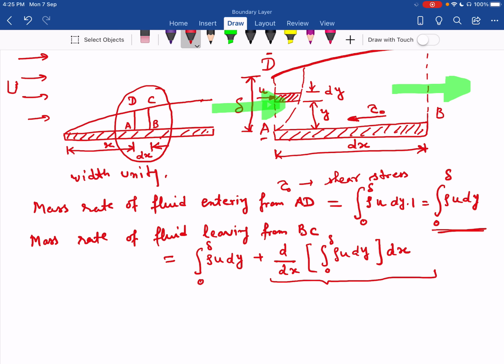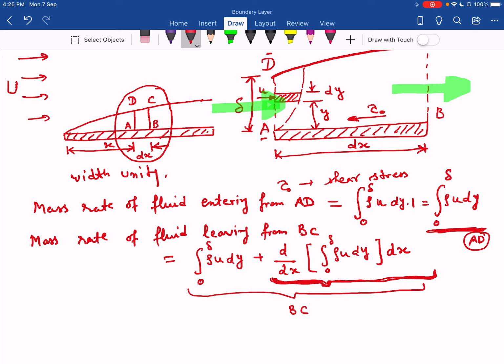Now you can see this is the amount of liquid entering through AD, and this is the total amount that leaves from BC. So that means we have this much amount of fluid that is entering in this control volume.